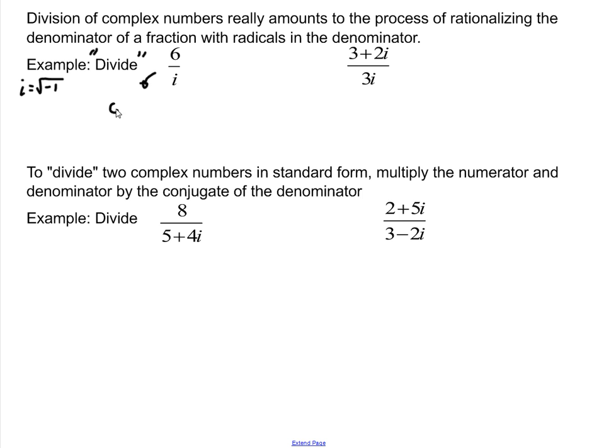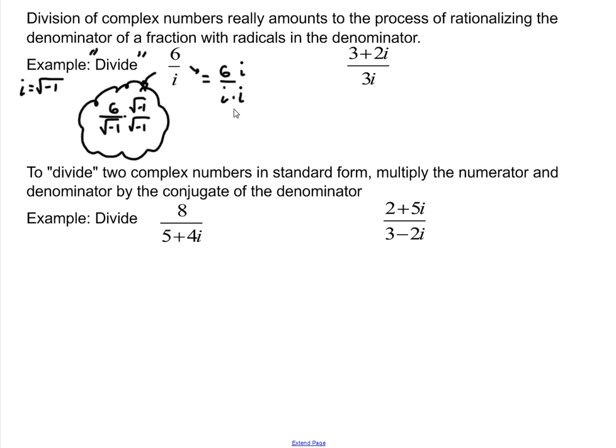We're taking 6 over the square root of negative 1. And if you recall, that meant that we would have, in this form, multiplied the numerator and denominator by the square root of negative 1 to rationalize the denominator. So really, if you picture it this way, this will help you imagine what we have to do with 6 over i. Well, I would have to multiply by i in the numerator and denominator in order to clear my radical.